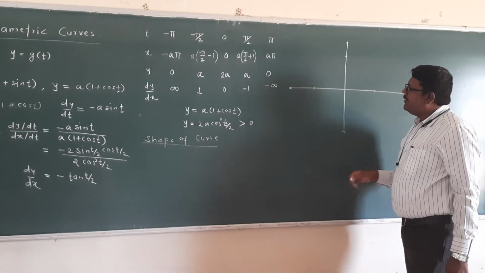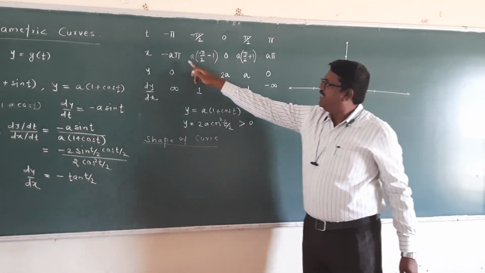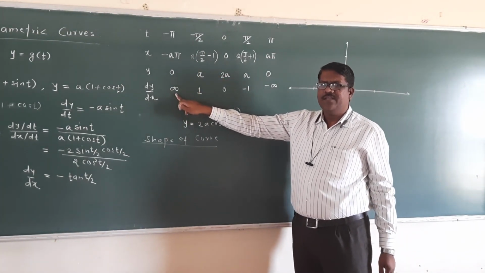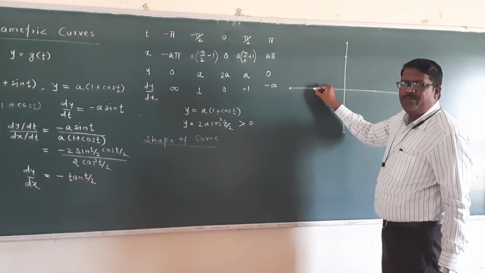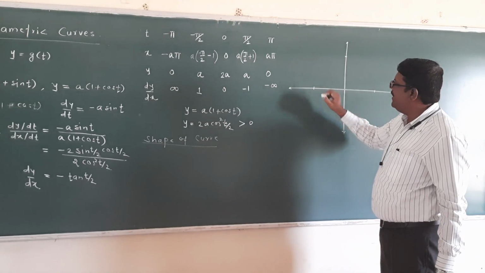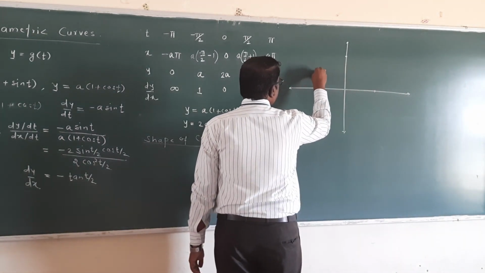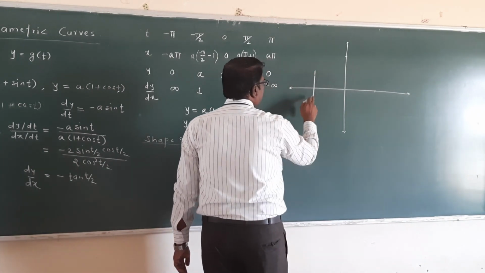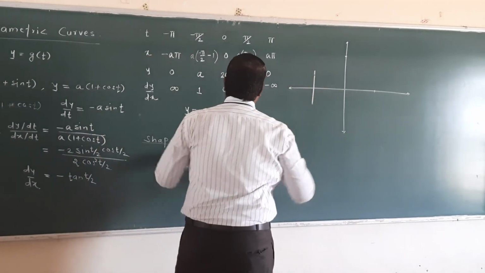Now at the first point, minus a pi, 0, what is dy by dx? It is infinity. If dy by dx is infinity at this point, it means the tangent is parallel to the y-axis, so I will draw the tangent like this. Now the next point is 0, 2a.